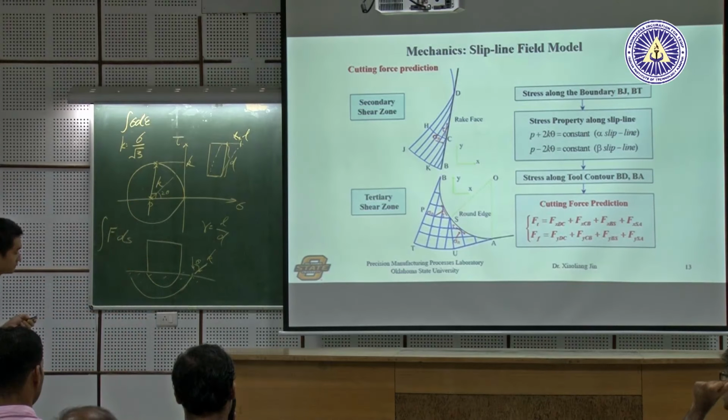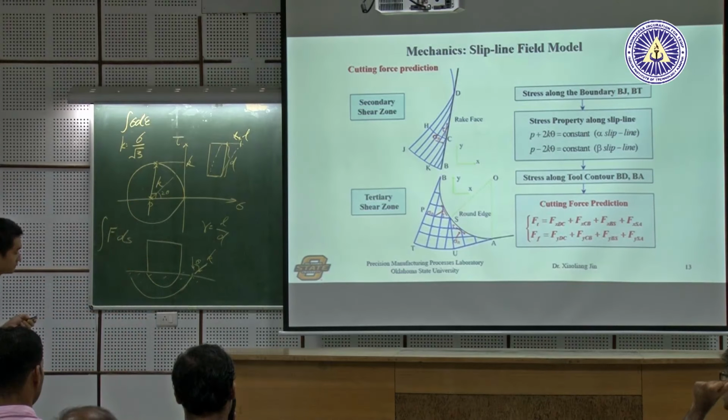You're right. In your case, K is different. That's why we modify the stress partial differential equation. That's a major difference between this model and the previous model. That's a good point.